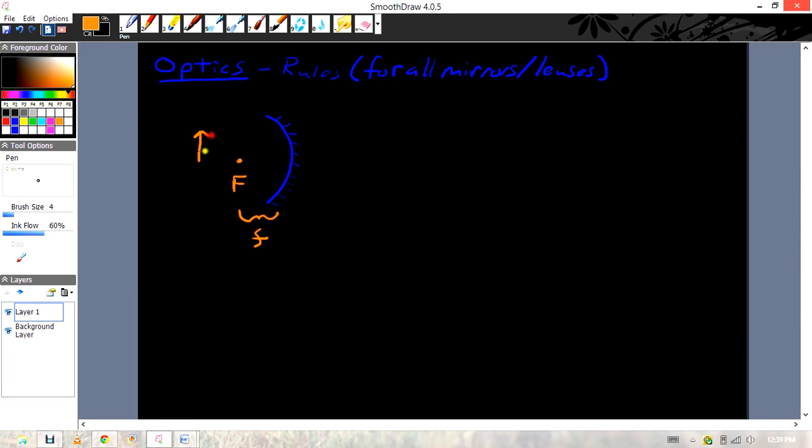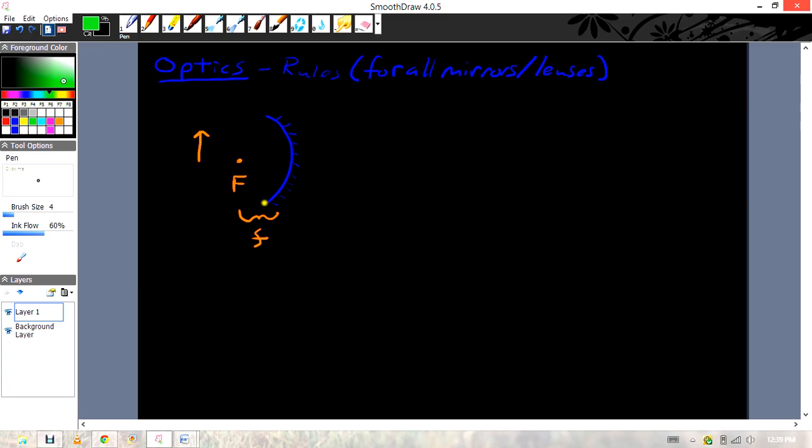Usually you draw a person, but I'm just going to draw an arrow, not to be confused with the light rays. I'm not going to draw any light rays here. I'm not going to do ray diagrams yet. I might explore that with you guys, but honestly, I think we should just go over the rules of how to calculate things, which I think would be much more beneficial.